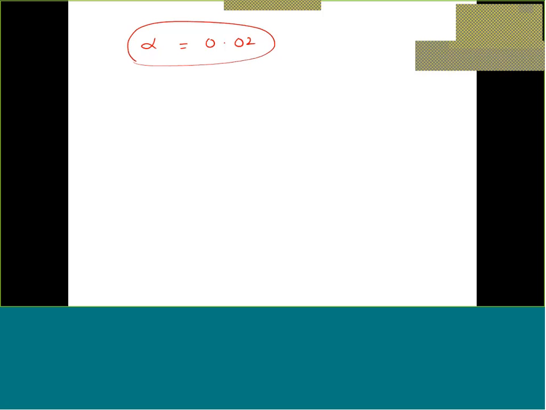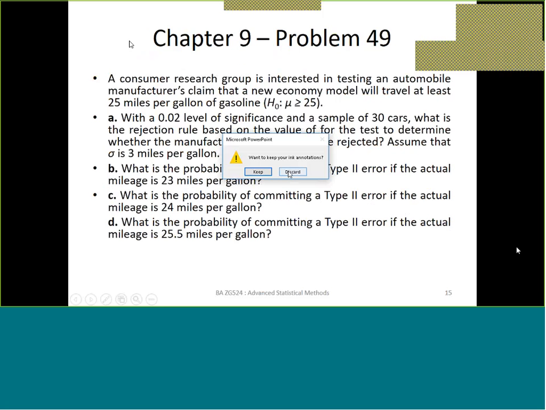Yeah, we get the z value at alpha is 0.02. You are right. So z value at alpha is 0.02. Then you have to do the things. Now can you please tell me what is the z value at 0.02?